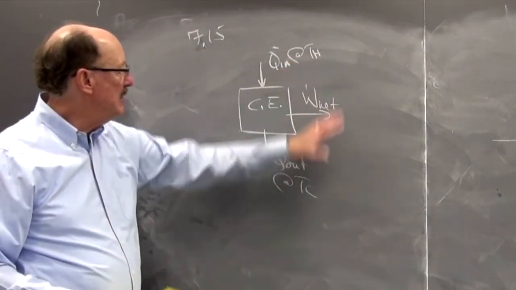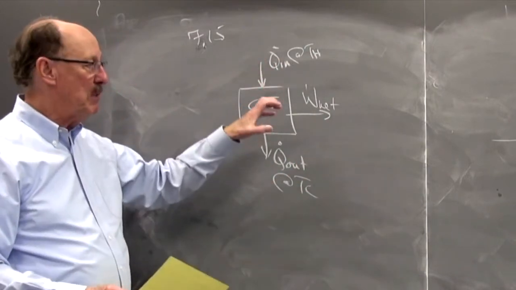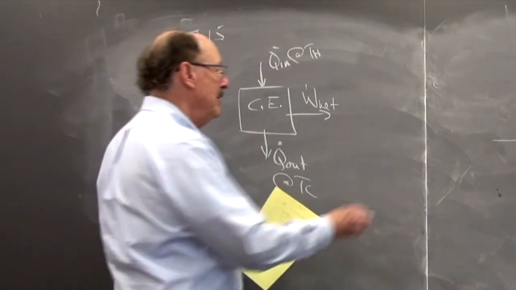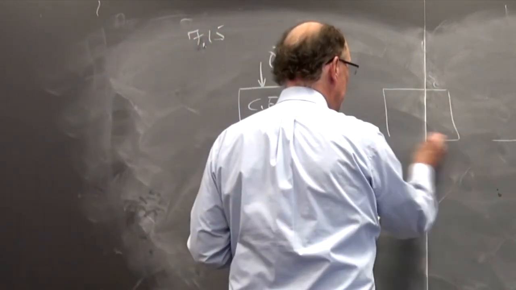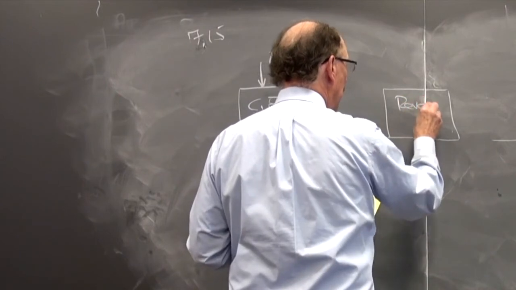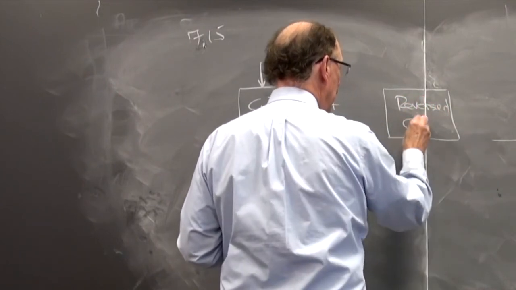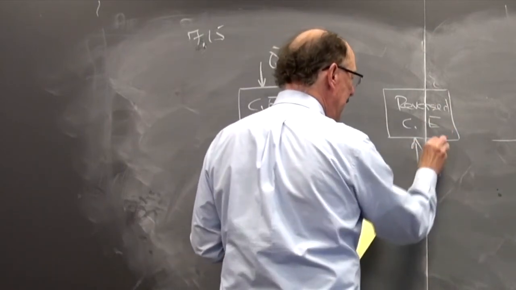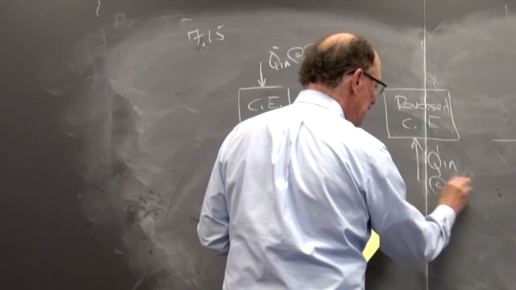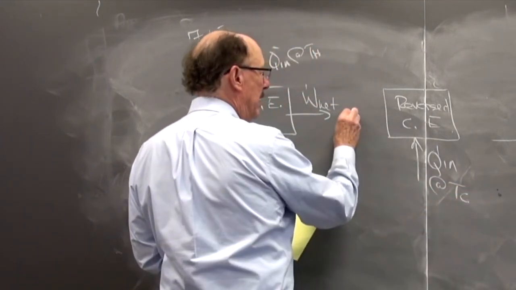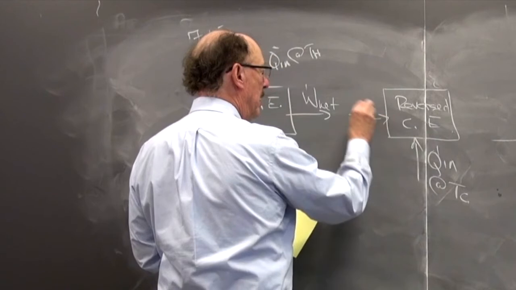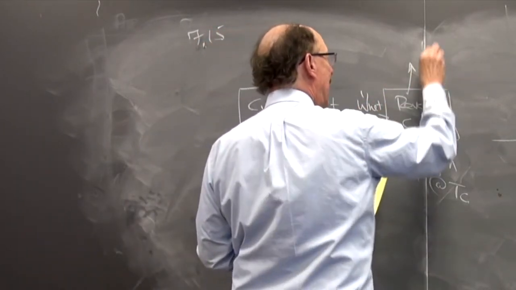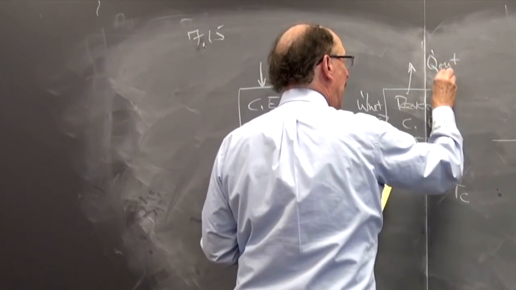So we looked at how this engine works. It receives heat and so on. And now, what is it going to do? It could power a reverse Carnot engine, which has heat come in, Q dot in at TC, the same W dot net, and we have a Q dot out at TH.